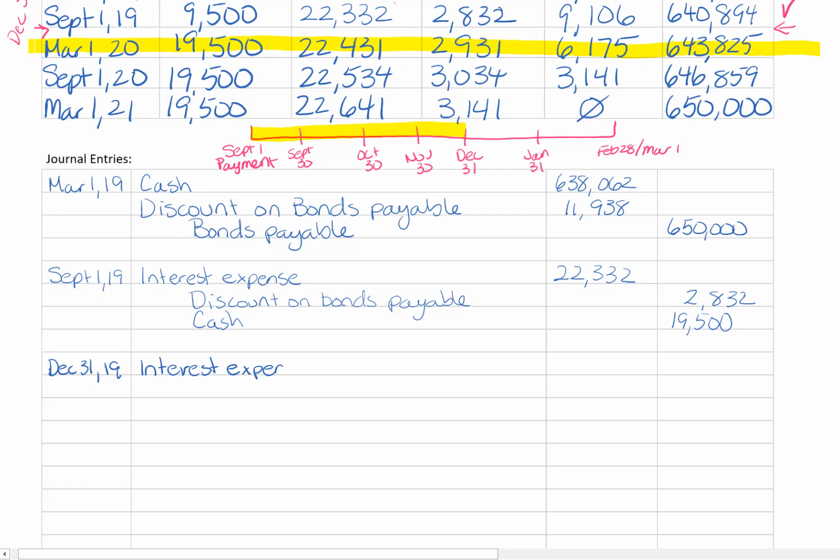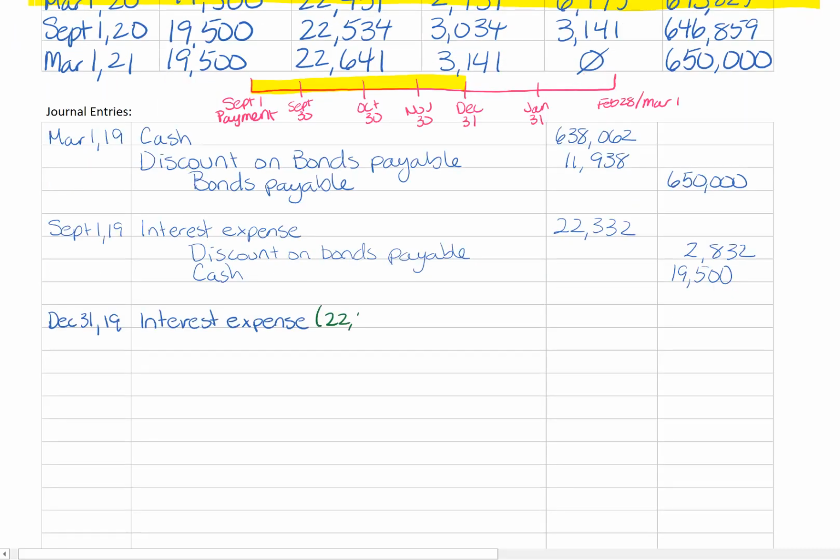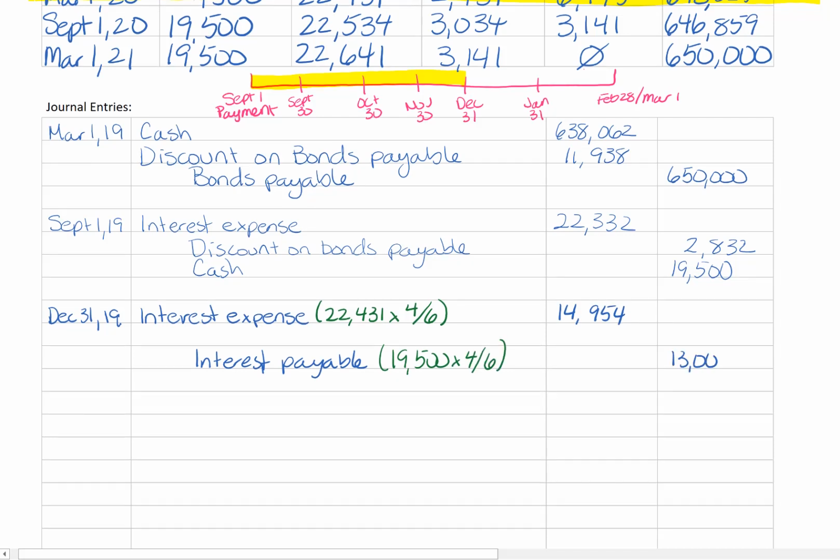So our interest expense, which is going to be our debit, will be calculated as $22,431 times 4 months over 6 months. We aren't paying out any cash at December 31st. So instead of cash, we're going to write interest payable, and this is going to be calculated as $19,500 times 4 months divided by 6 months.